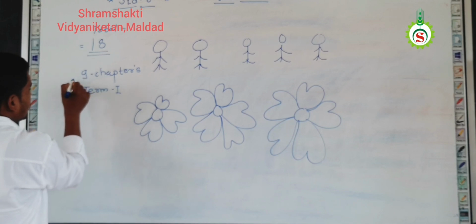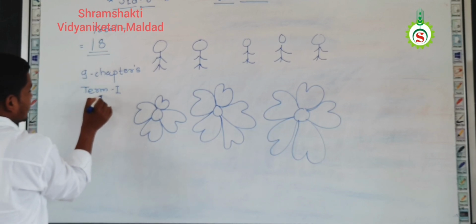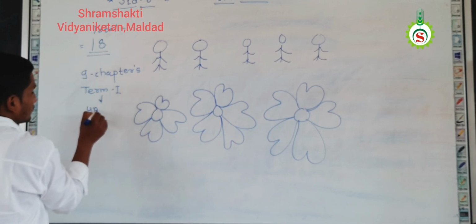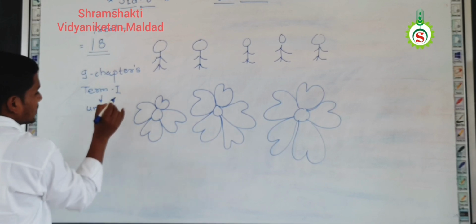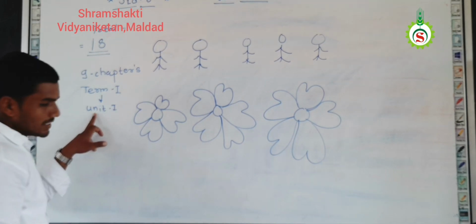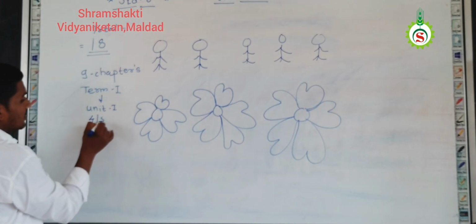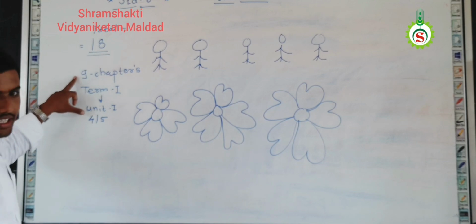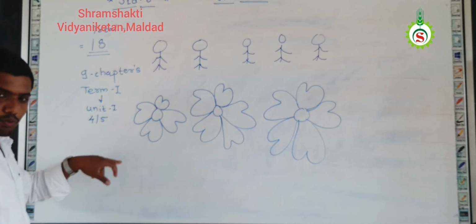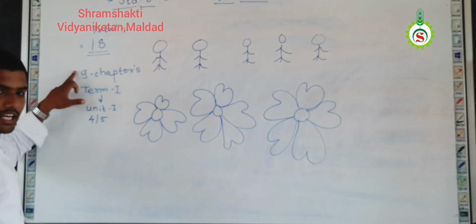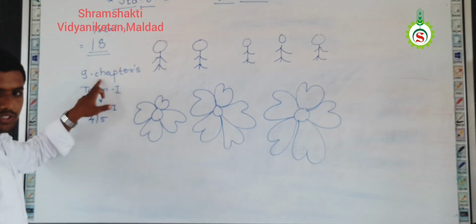Within that term first, there is the unit test first exam. For that unit test first exam, there will be 4 or 5 chapters out of those 9 chapters. The remaining 4 or 5 chapters, that means a total of 9 chapters, are for the term first exam.